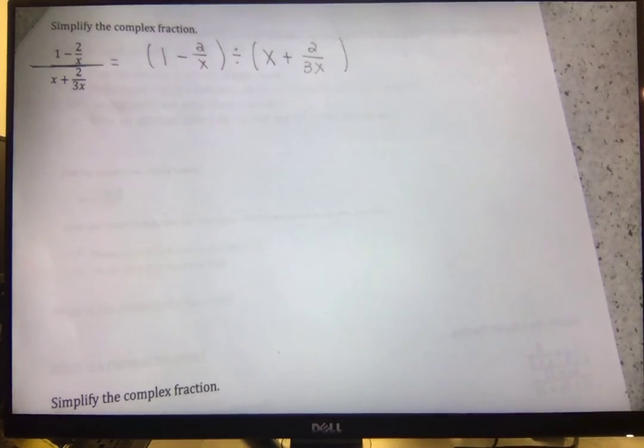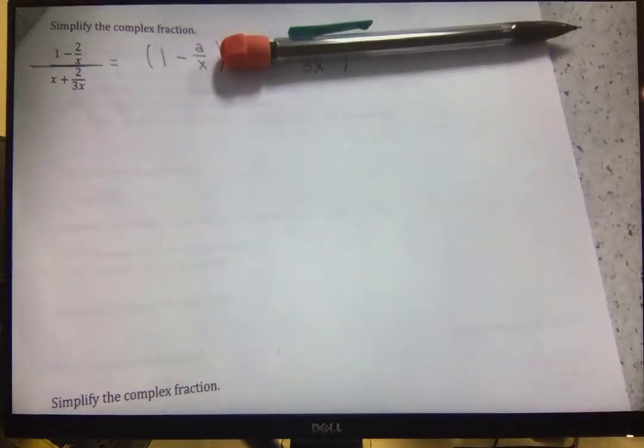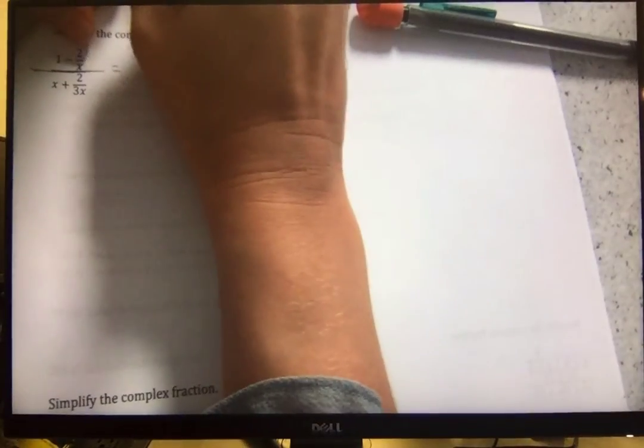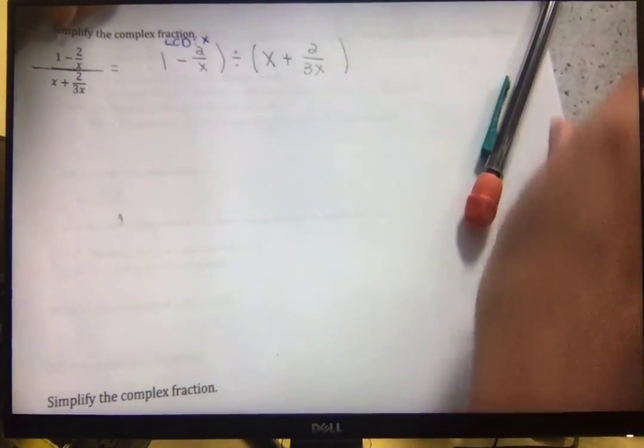All right, so just looking at our first set of parentheses, just dealing with this question first. 1 minus 2 over x. We are subtracting. Are these like terms? No, we need to make them like terms. What's our LCD? X. So that means I can rewrite 1 as 1 over 1, multiplying the top and the bottom by x.